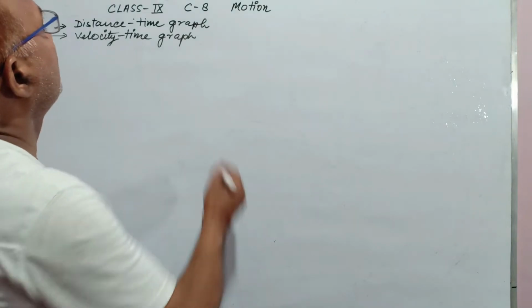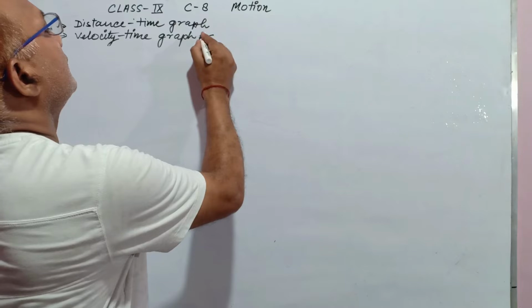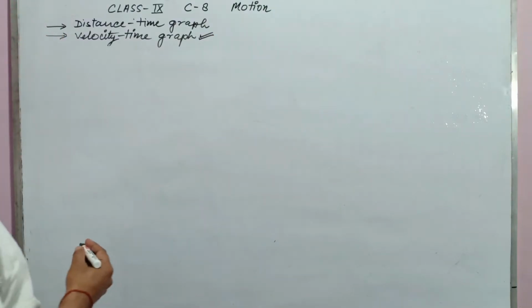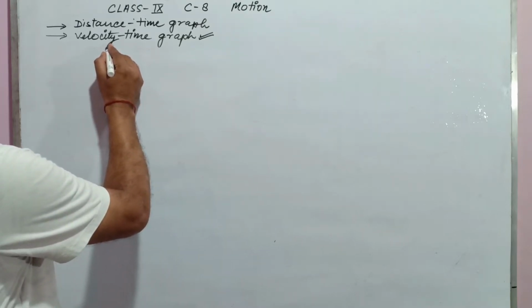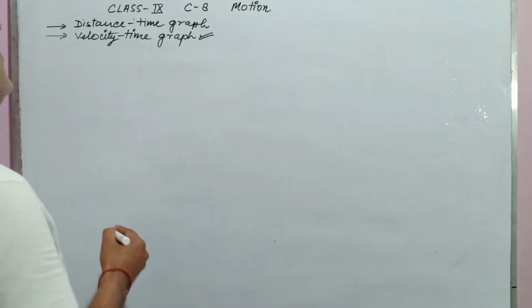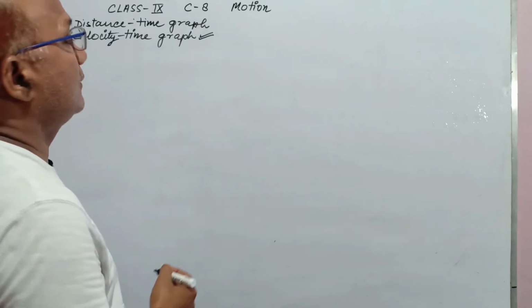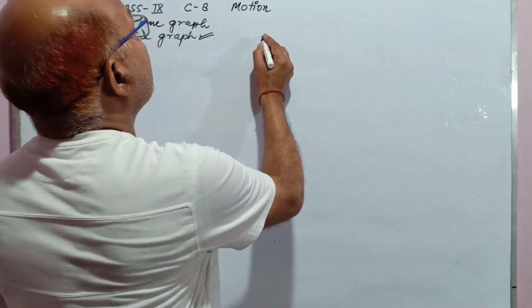Now we will discuss the velocity time graph, and a velocity time graph we can draw for different situations. There are some conditions.